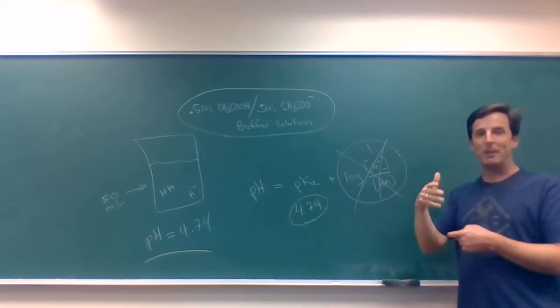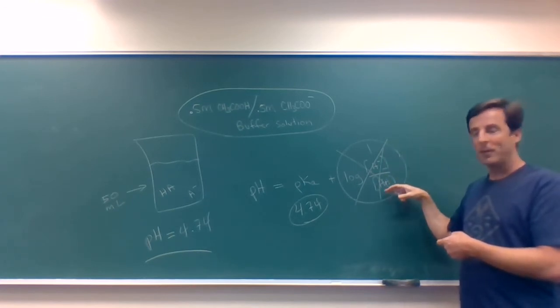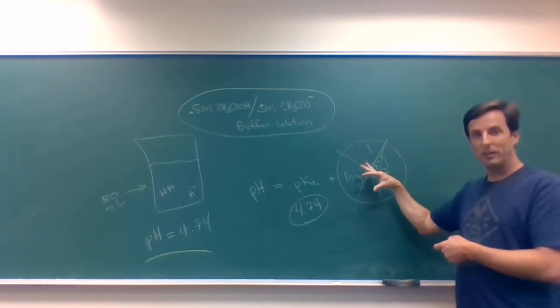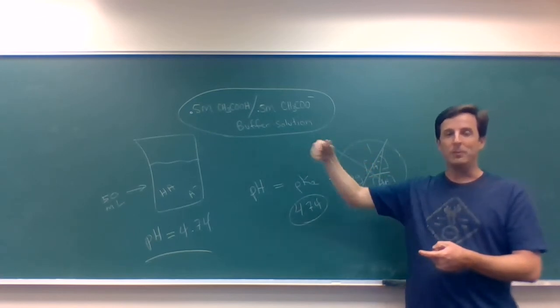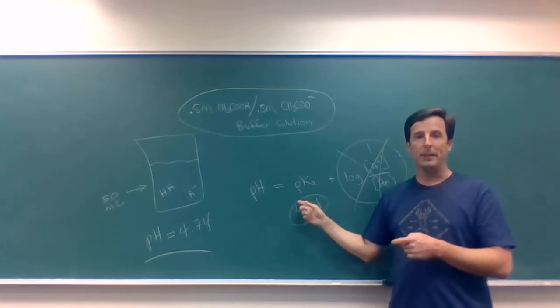If I increase the A- concentration to be 10 times more than HA, the log of 10 over 1, the log of 10 is 1. It's going to add one unit to the pKa value, which means the highest range a buffer will work is about 1 unit above the pKa.